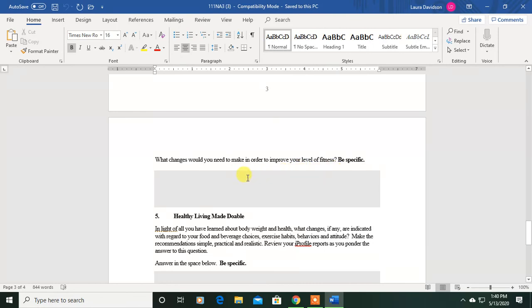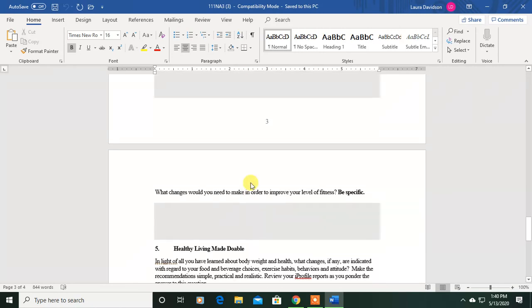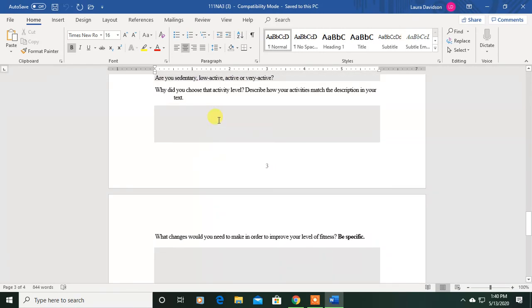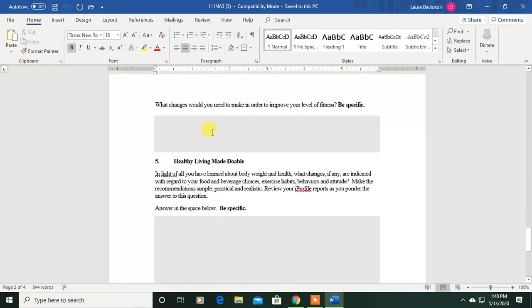So it could be many different things depending on what your physical activity is currently like. You may say, well, I get plenty of aerobic cardio type exercise, but I need to add some strength training, or I need to be more consistent, or I need to move from sedentary to low active. It's going to depend on your personal situation.